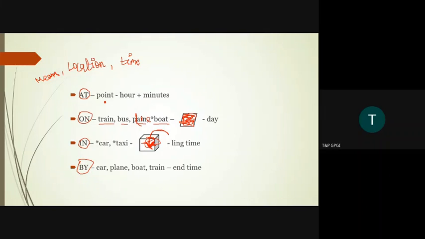If you're confused, I've told you how to think: it's a big thing, 24 hours covering a day, so it's kind of got a surface to it. So you can say on Christmas day, on my birthday, on Teacher's Day. That's how you use the preposition on for days. If you have a word that has day in it, you can use on.